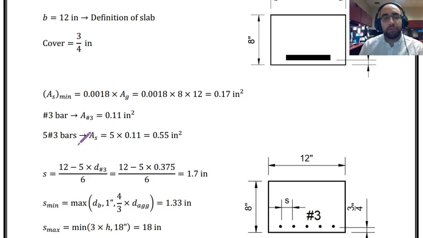But one thing that I suggest you always consider in your flexural reinforcement design, for these tension reinforcement that we put in the bottom of the sections, is that it is better to have smaller and distributed bars instead of having very bulky and thick or large size reinforcement with small numbers. Like for example, over here I have 5 number 3 bars. You can say, hey, why don't you pick, for example, 1 number 6 bar or 1 number 5 bar?